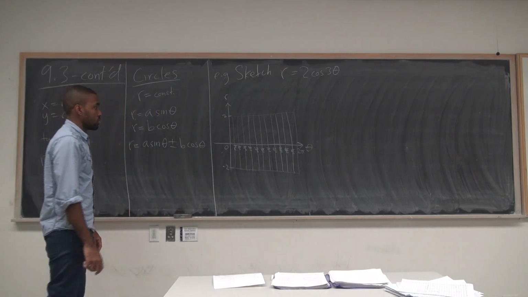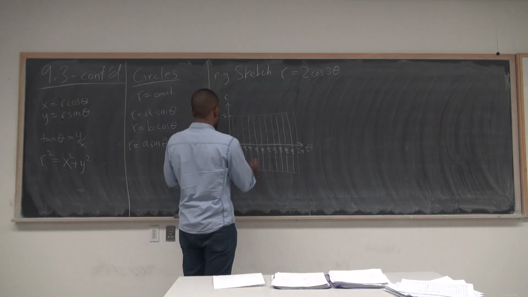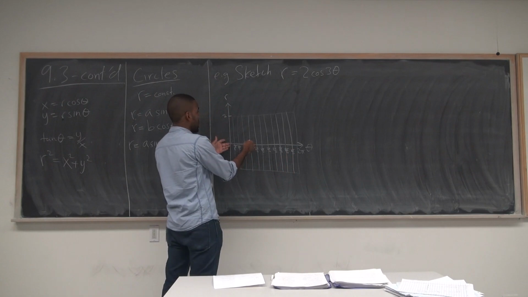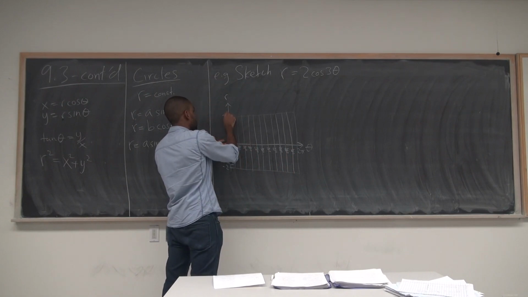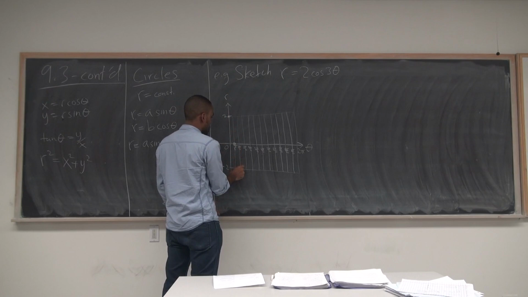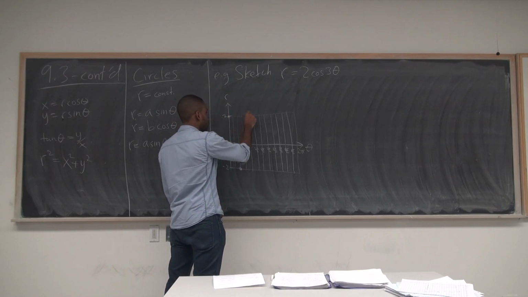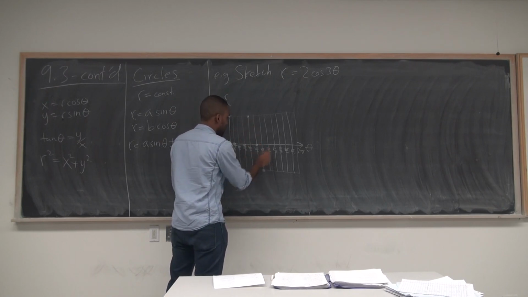Right, so I already know what those guys are. And we remember how the cosine behaves. Cosine actually starts at the top, and it hits the middle, then it hits the bottom, then it hits the middle, then it hits the top, and it repeats this pattern.